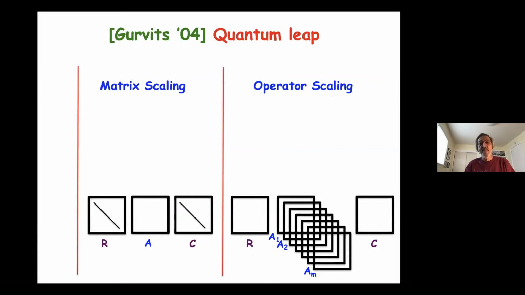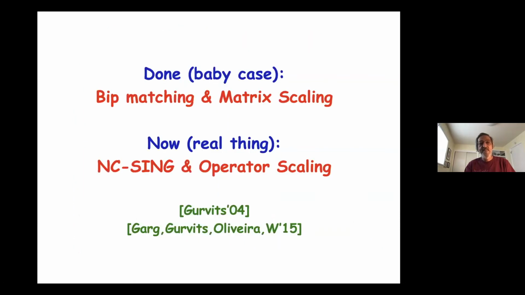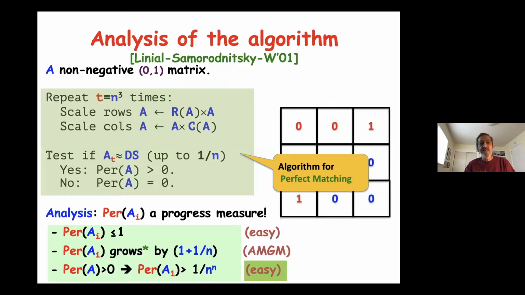I was just wondering if you could give some intuition on why the permanent grows, your second claim in the analysis. Yeah, it's a one-liner. Basically, when you are dividing by row sums, if you use the arithmetic-geometric mean inequality, you see that it at least doesn't shrink.